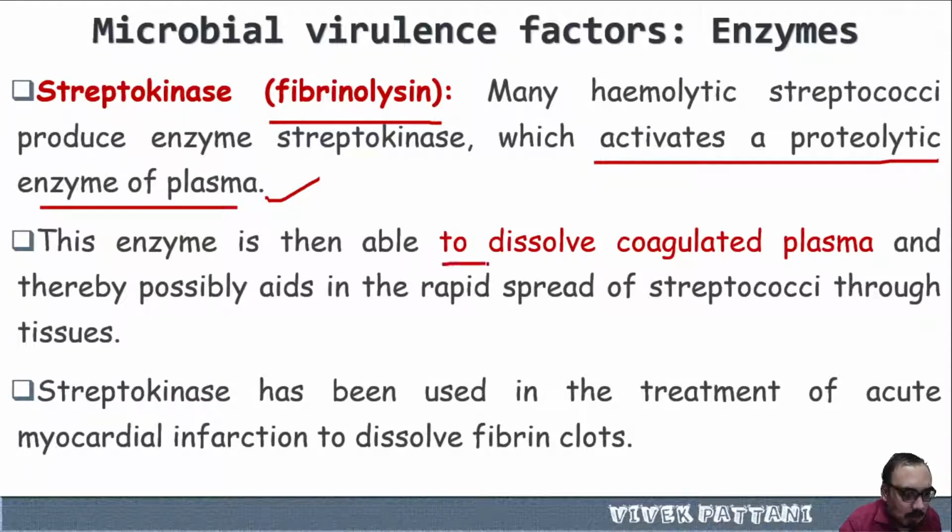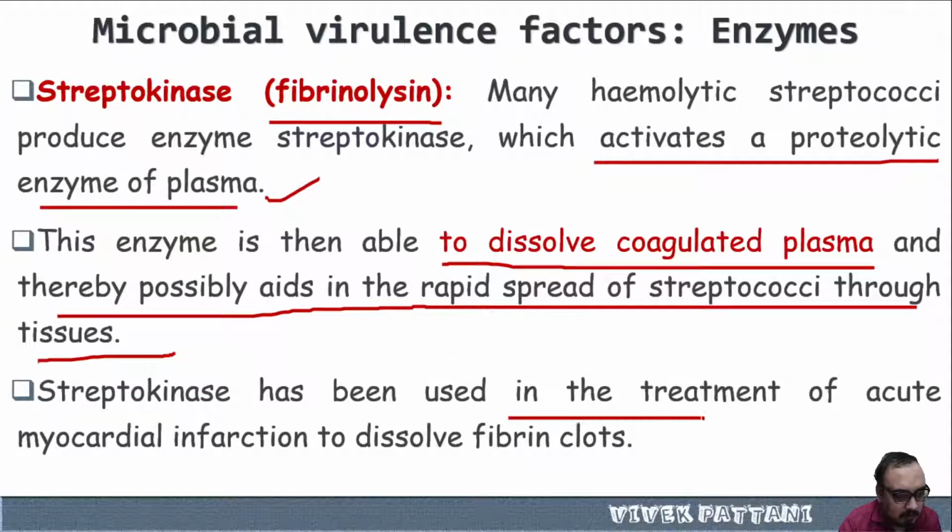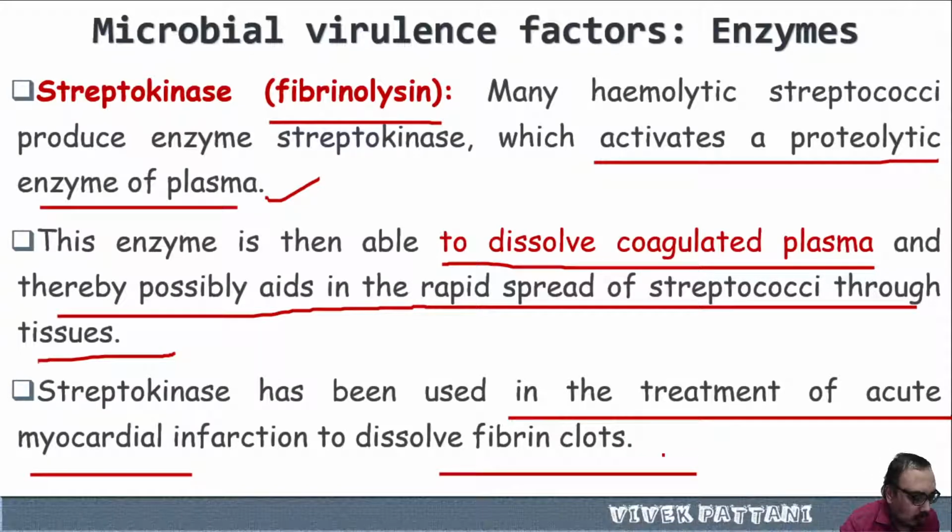This enzyme is able to dissolve coagulated plasma and thereby possibly aids in the rapid spread of streptococci through the tissues. Streptokinase has been used in the treatment of acute myocardial infarction to dissolve the fibrin clots.